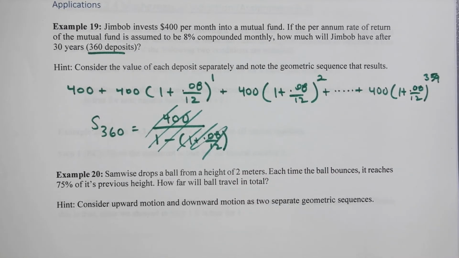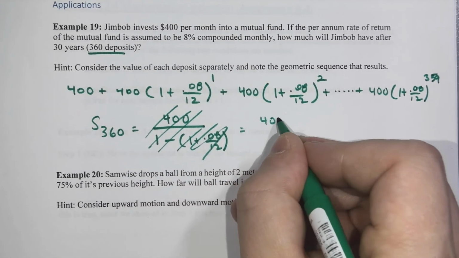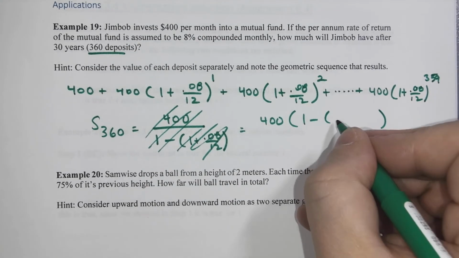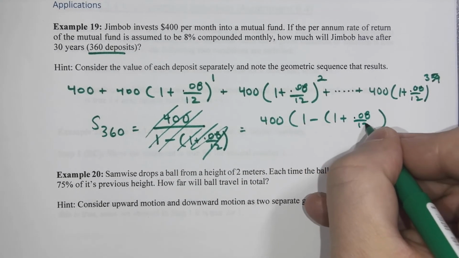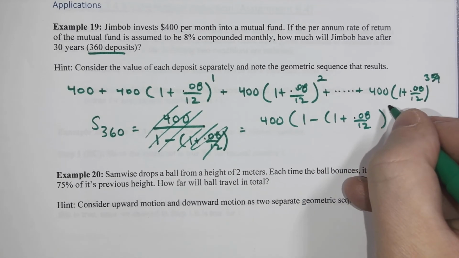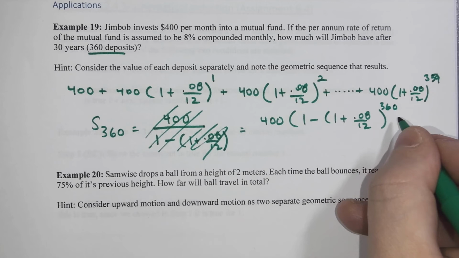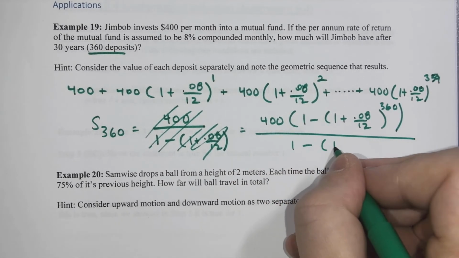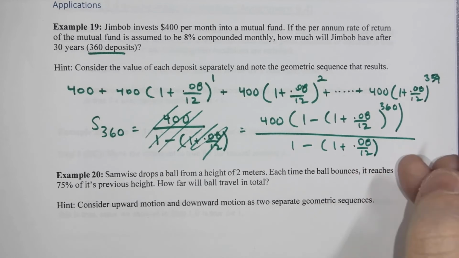That would be if it was infinitely long. We're not doing infinitely long, we're doing 360. So it's first term times 1 minus the common ratio, 1 plus 0.08 divided by 12 to the power of how many deposits are there? 360. All over 1 minus 1 plus 0.08 over 12.